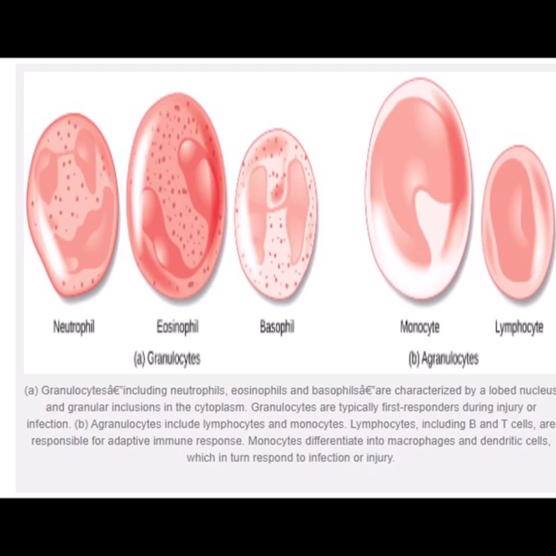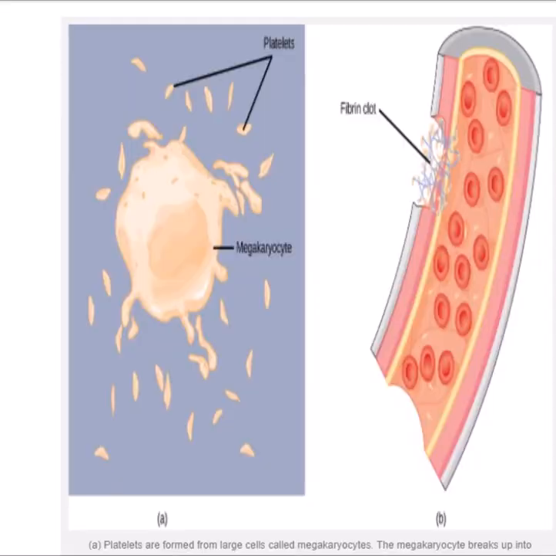The different types of white blood cells are identified by their microscopic appearance after histologic staining, and each has a different specialized function. The two main groups are the granulocytes, which include the neutrophils, eosinophils, and basophils, and the agranulocytes, which include the monocytes and lymphocytes.